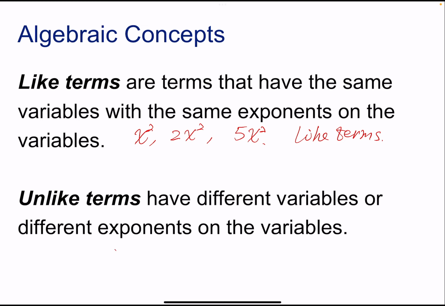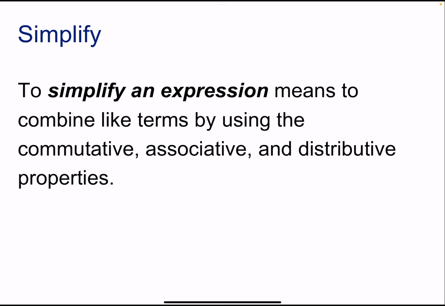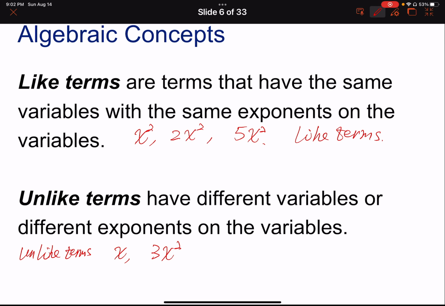So for example, x and 3x squared, those are unlike terms, because you see the exponent 2 here and here, and x means x raised to the first power, right? So that's why they are unlike terms.